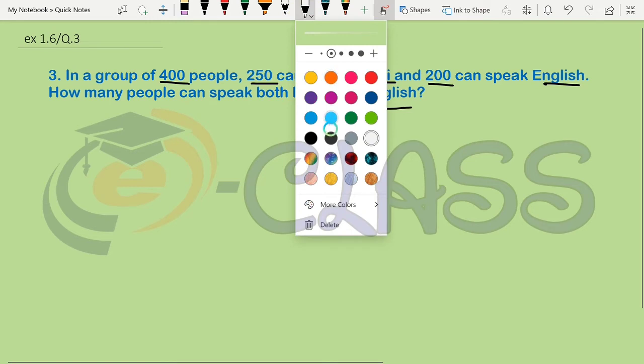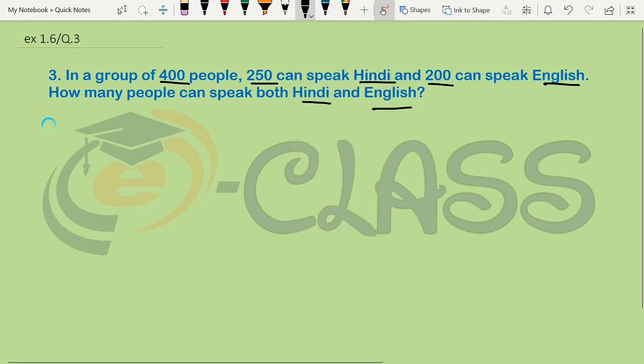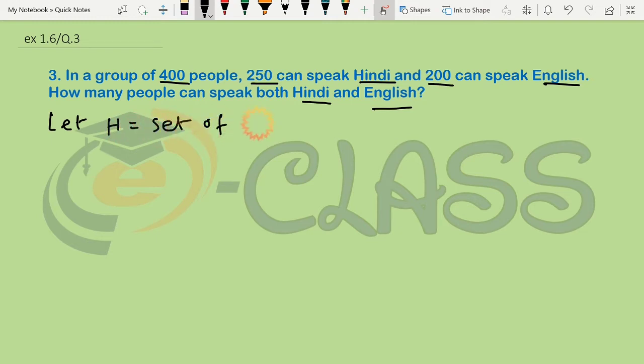So first of all, let H be the set of people who speak Hindi, and E equals the set of people who speak English.